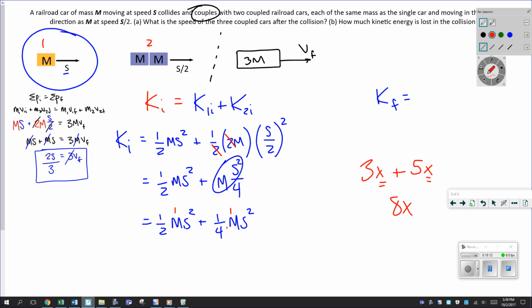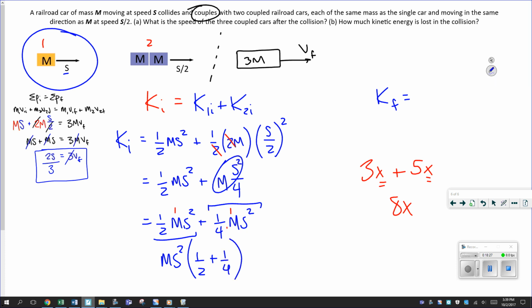So what we're really doing is factoring out this m s squared. In this term, there's a 1/2 multiplied by that, and in this term, there's a 1/4 multiplied by that. And then we just add the 1/2 and the 1/4, or the 2/4 and the 1/4. So that's m s squared times 3/4, or 3 m s squared over 4.